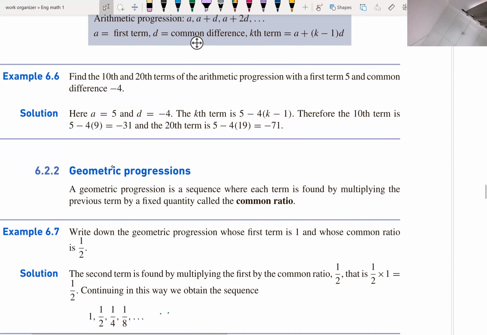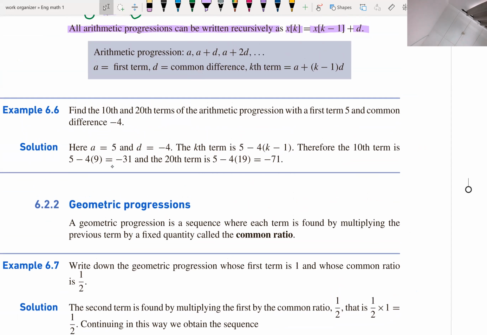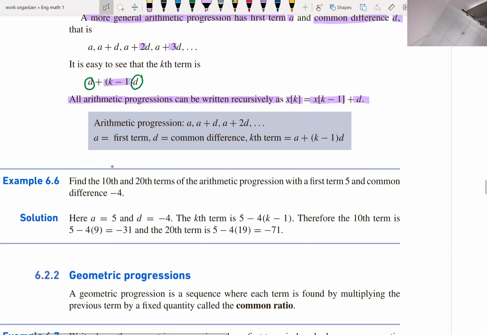Okay, so before this we learned about arithmetic progressions.